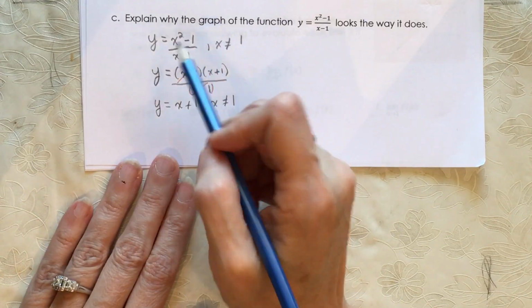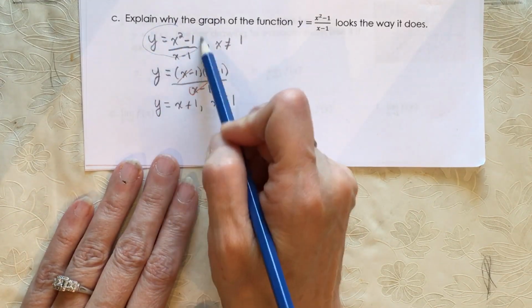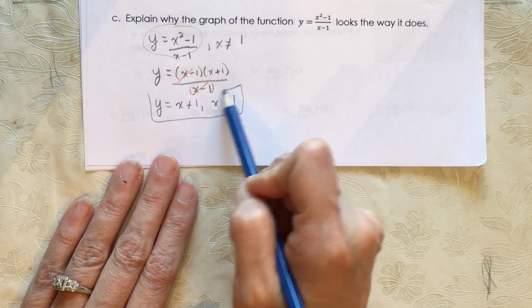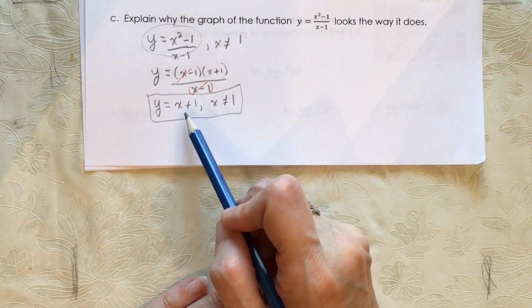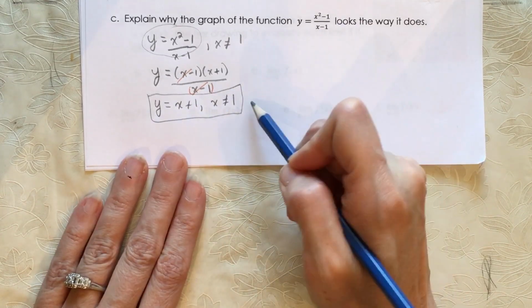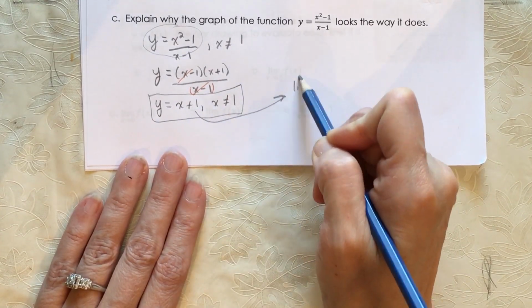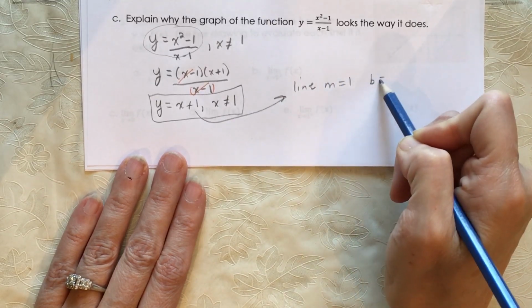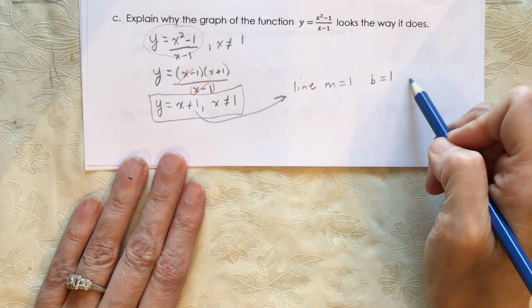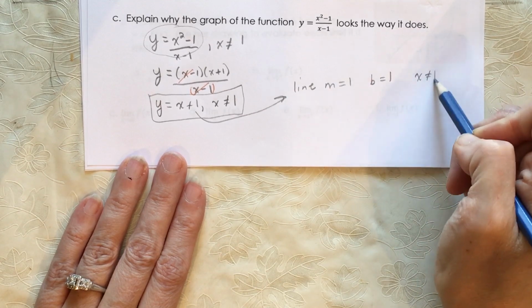So we've changed what this function looks like to an equivalent function that's easier to draw. Okay, so in this case, y equals x plus 1 would be a line with a slope of 1 and a y-intercept of 1, provided x is never equal to 1.